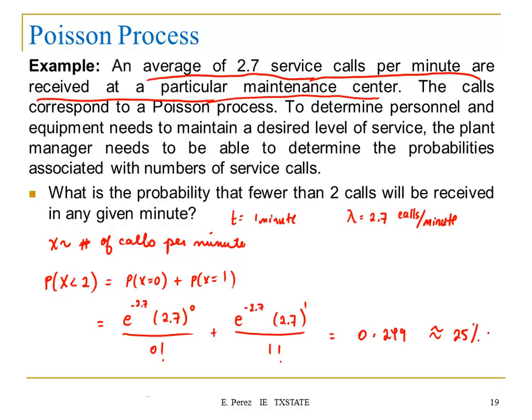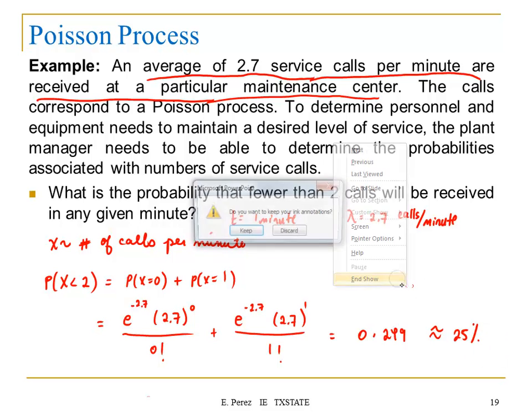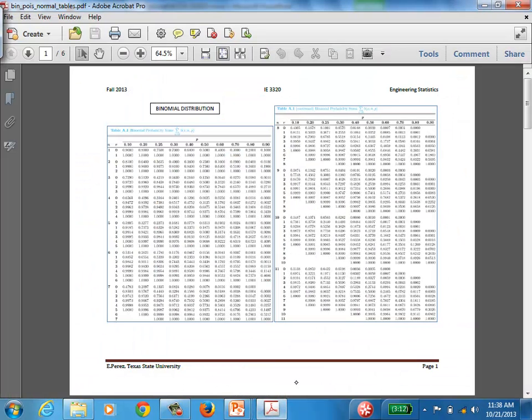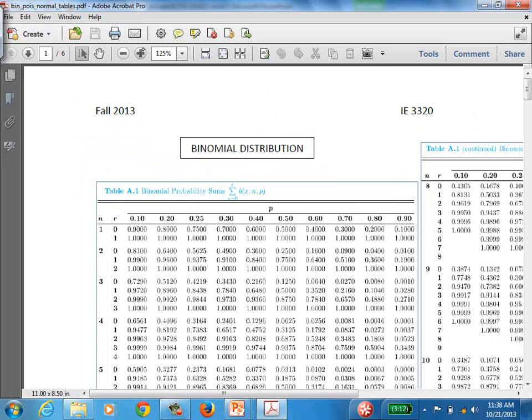Okay? So the important thing to notice, let's start with the binomial, is that you have certain parameters for each table. So let me show you the table here. And this is going to facilitate the computation of the probabilities a lot, at least for these 3 distributions.